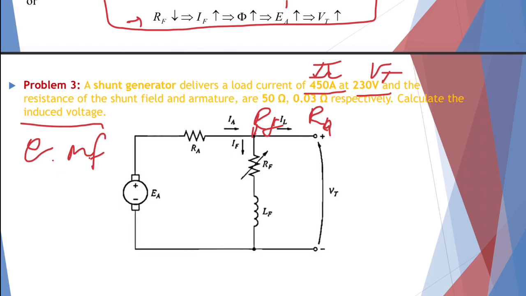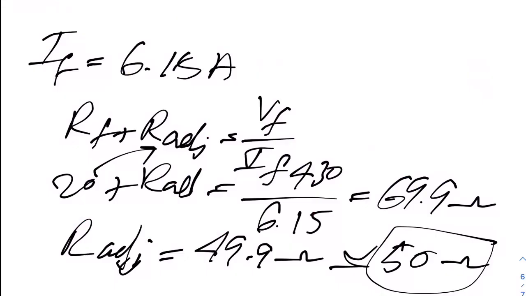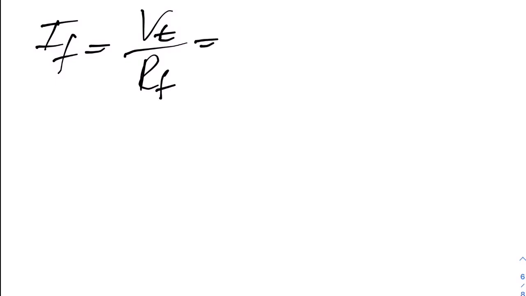Now let us calculate. This is the circuit, by the way. This is the circuit for the shunt, EA in parallel with RF, with VT here. Let us solve the example. First we have to find the field current IF, which is VT over RF: 230 volt over 50 ohm.